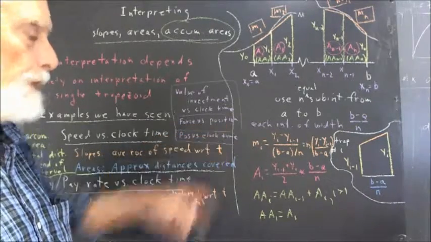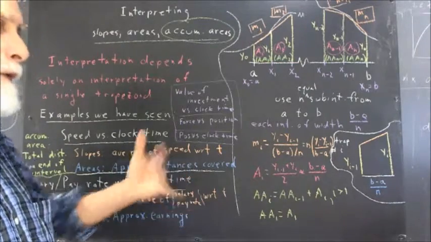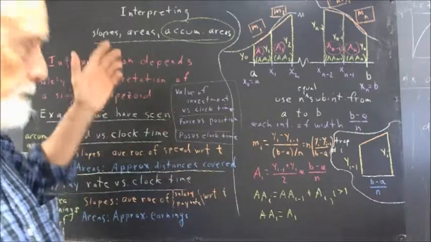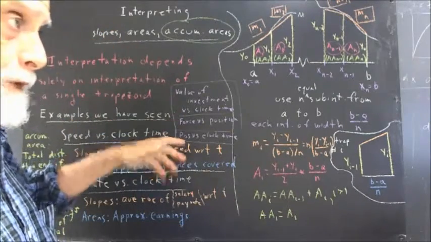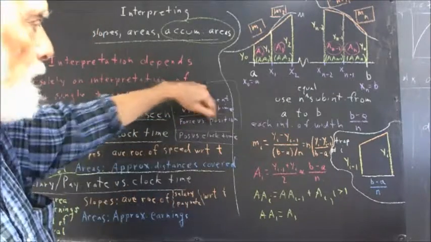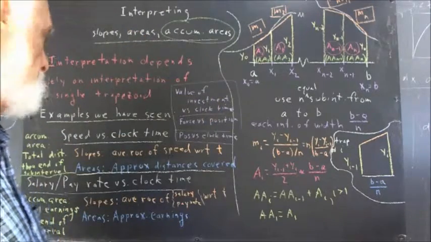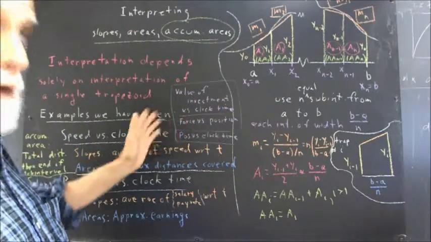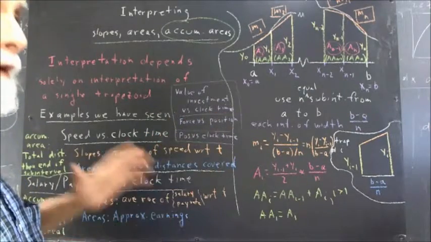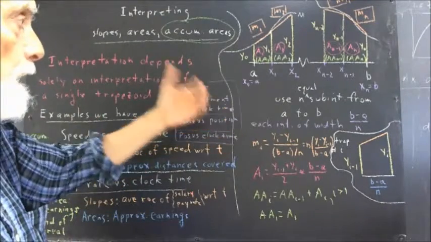Force versus position, where we saw slopes represent the rate at which the force changes as position changes, and areas represent, it turns out, work. The area of a trapezoid corresponds to the work done on the corresponding interval. So the total accumulated area under the graph here would represent the total work or energy expended over the entire interval.